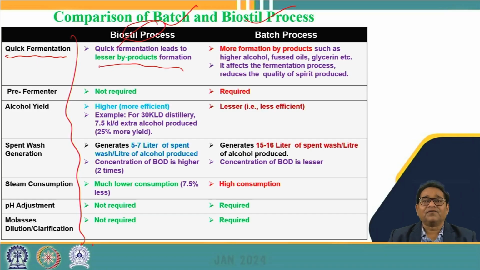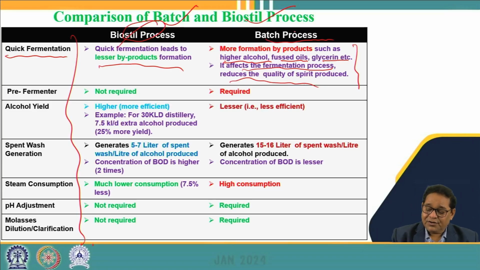Because of the delayed fermentation in the batch process, which is carried out for around 36 plus 4 hours, so around 40 hours, there is a production of a lot of higher alcohols, fused oils and glycerins, which affect the fermentation process and overall reduce the quality of the alcohol produced.